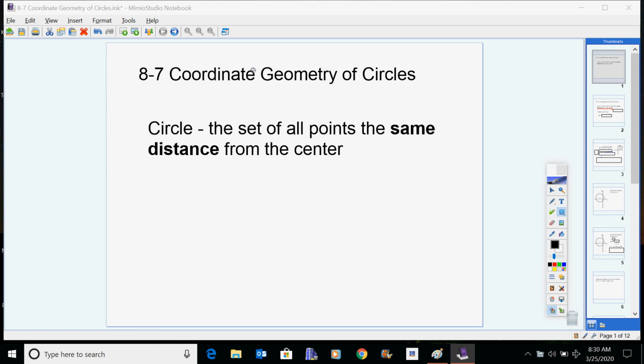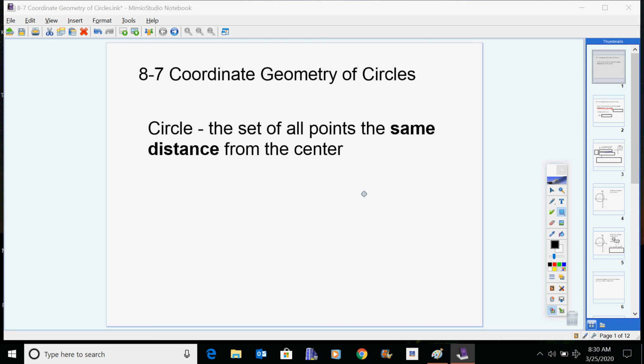Now this talks about coordinate geometry. In coordinate geometry, we're going to be thinking about things on the coordinate plane, in other words, like when you would graph numbers, ordered pairs, and those types of things. So when we think about the coordinate geometry of circles, we're thinking about the way that you can graph circles on a graph.